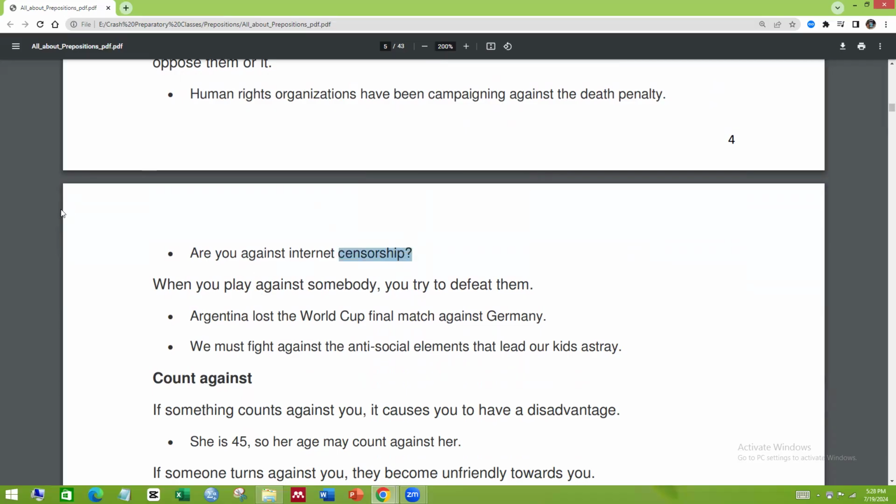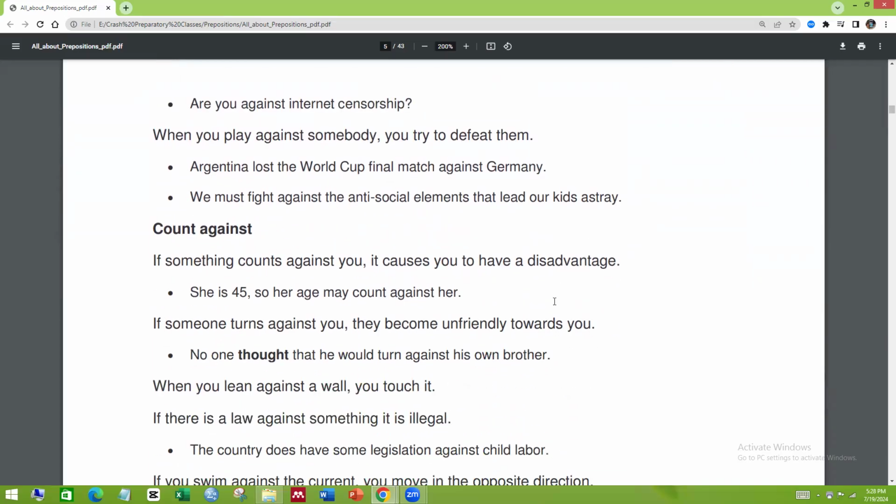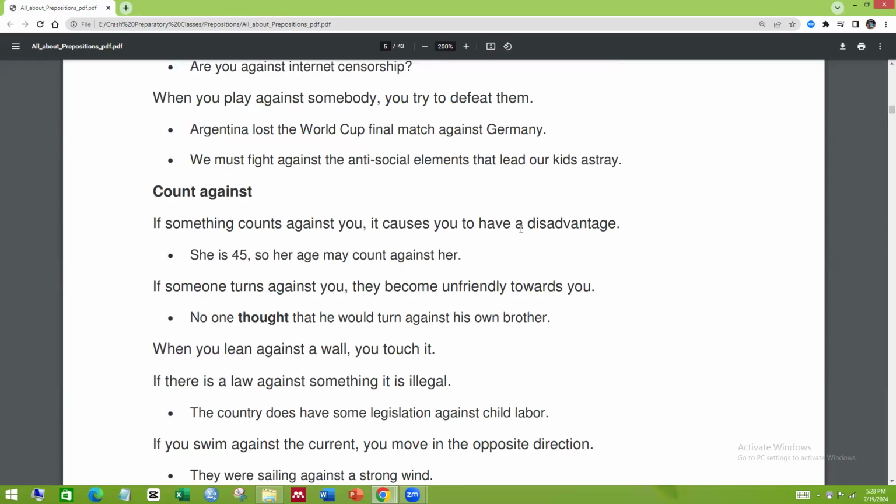When you play against somebody, you try to defeat them. Argentina lost the World Cup final match against Germany. We must fight against the anti-social elements that lead our kids astray. Astray means to waste them, like if a child gets caught up in wrong activities or takes on an ideology that proves fatal for him. So we call them astray.